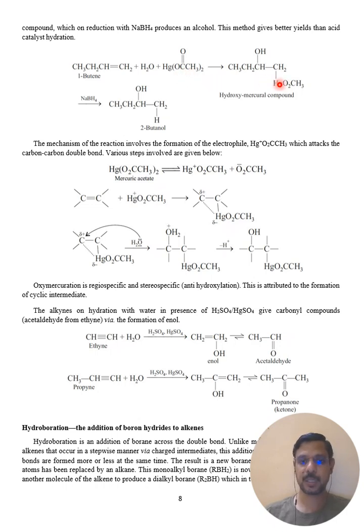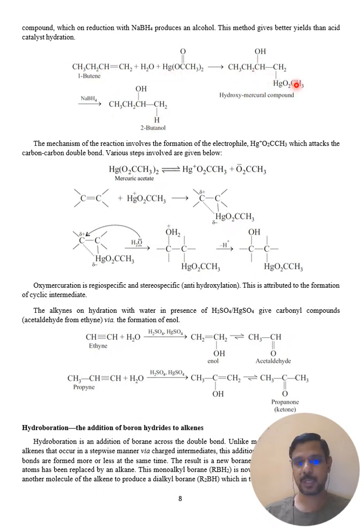So first here the mercuric acetate will bond with the carbon where the hydrogen number is more. This addition also occurs according to the Markovnikov rule. Okay, so here a hydroxy mercury compound forms as an intermediate, and where the secondary carbocation forms, the OH minus goes and attacks, right?